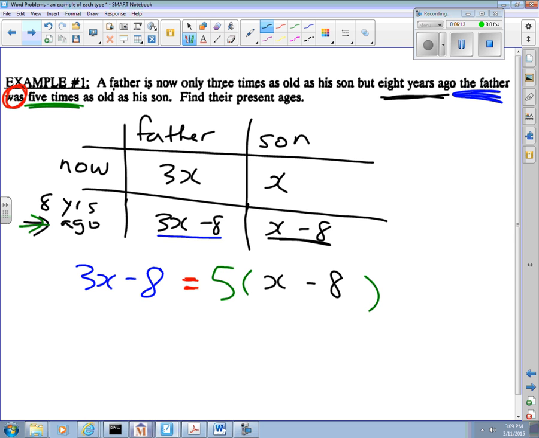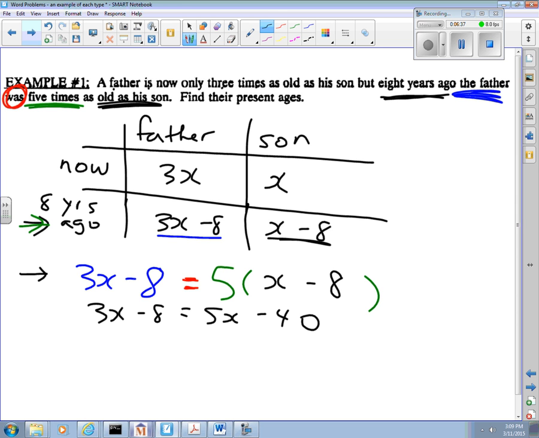Take a look at the way I color-coded that equation. Look at the way that the words in the question told me to build that equation. And that equation is one step tougher than the last equation because now x is on both sides of the equal sign. So I think I call that a type 4 equation. First step is I've got to simplify the bracket, distributive property, and I get 5x minus 40.